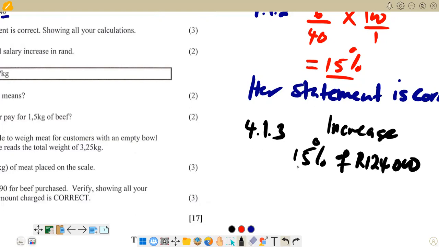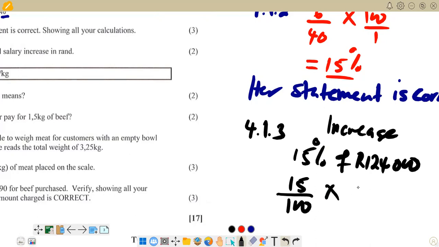We can convert the 15% to a fraction, 15 over 100. Remember, whenever you're converting a percentage to a fraction, you just put the figure of the percentage as the numerator, and then you say over 100.